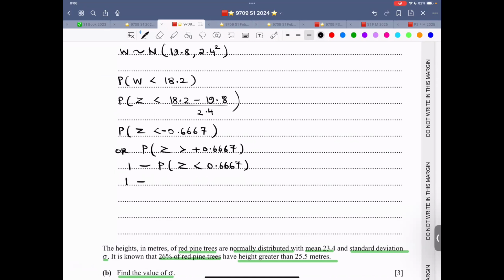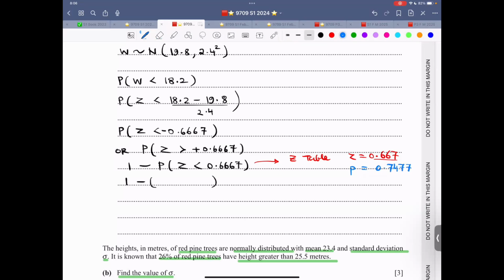1 minus. Now you go to the normal distribution table, the Z table, and you use the value 0.66, and for the third decimal place, 667, you have to read it. And this is the Z value, not the p-value. And therefore, the probability value that you are getting is 0.7477.